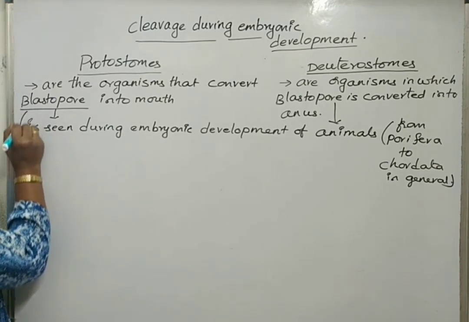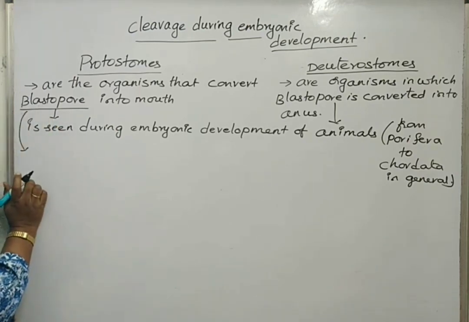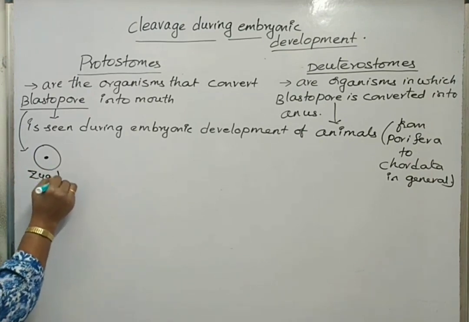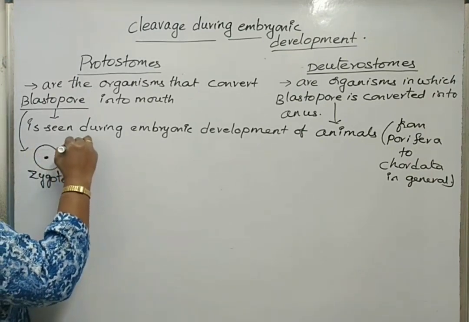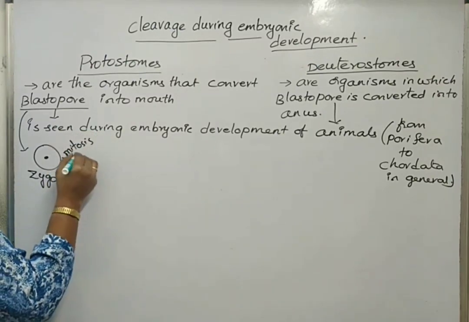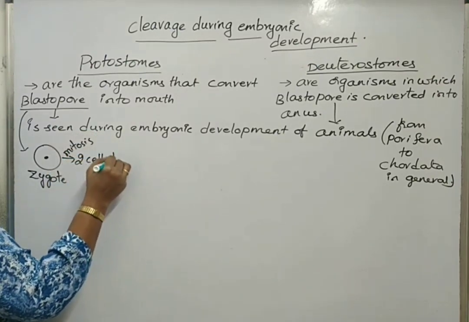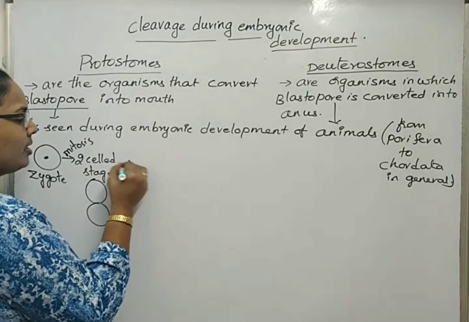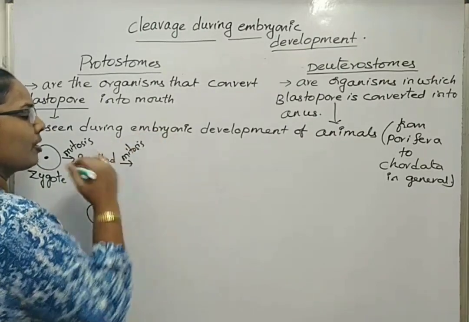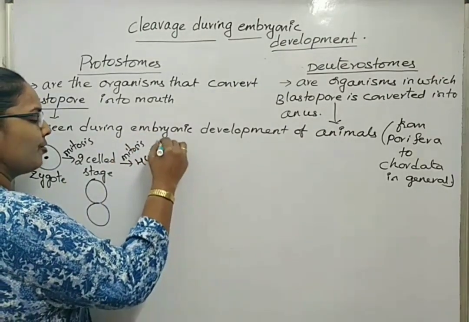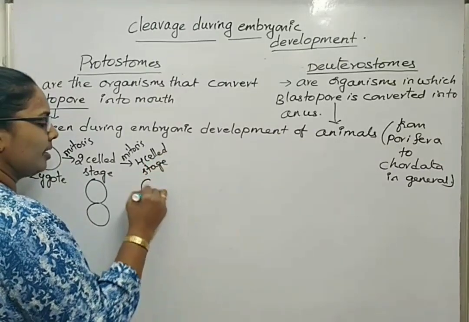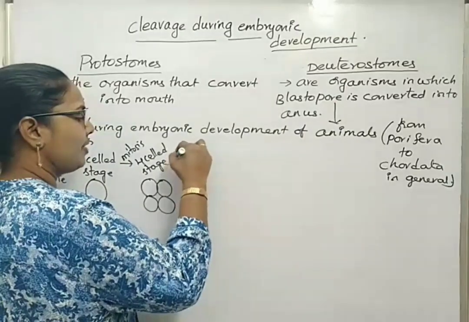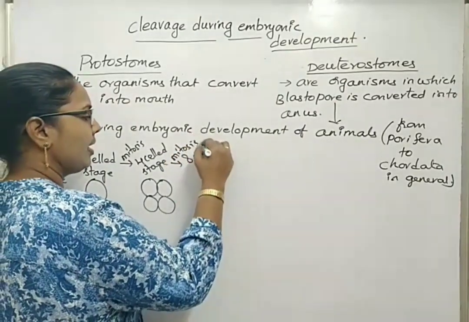So, if we go for diagrammatic representation to explain about this blastopore, first of all, we see single-celled zygote. It is getting after mitosis or cleavage into two-celled stage. Again after mitosis or cleavage, it is converted into four-celled stage, then into 8-celled stage.